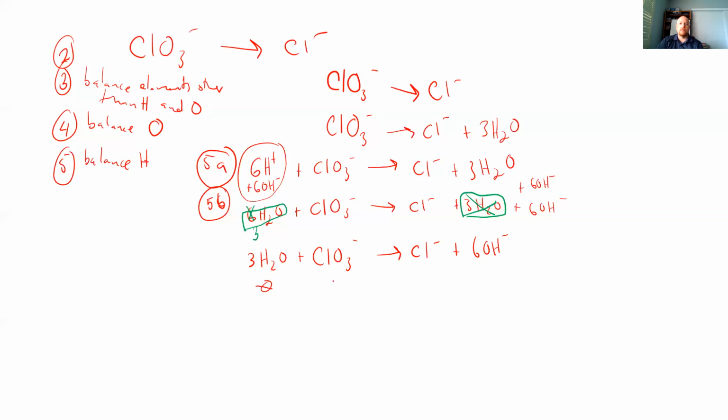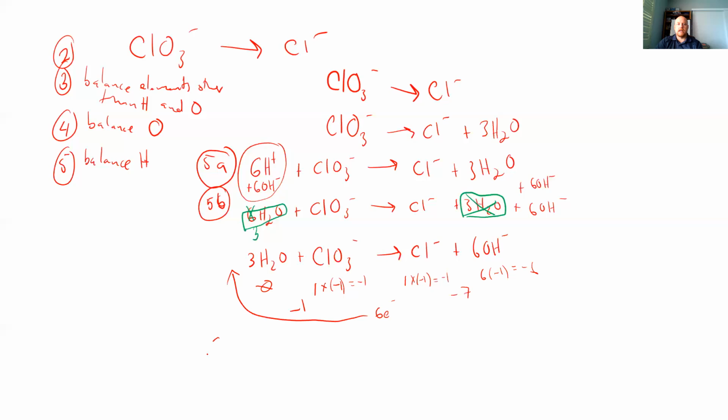So I've got 0 for the water. I've got 1 times -1 gives me -1 total on the reactant side. On the product side, I have 1 times -1 gives me -1, and then 6 times -1 gives me -6, for a total of -7, which has a difference of 6 electrons that go onto the more positive side over there.